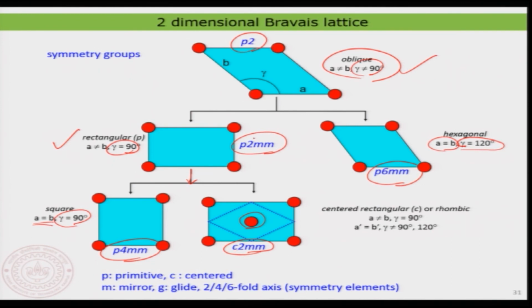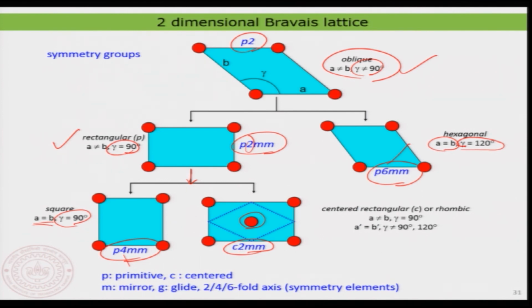The number 2 represents 2-fold symmetry, 6 represents 6-fold symmetry, and 4 represents 4-fold symmetry. So, the number represents the symmetry of the surface, and the P or C represents whether it is primitive or centered.